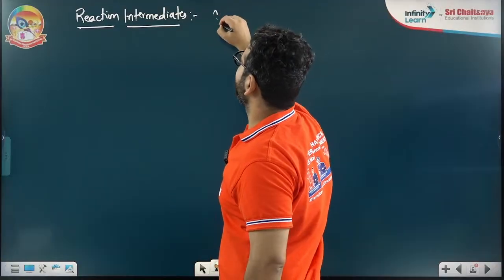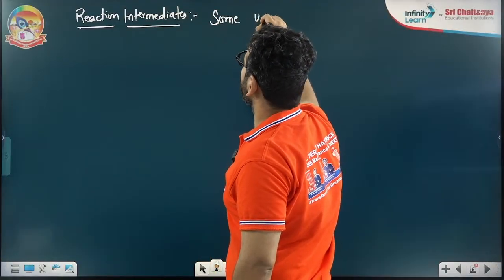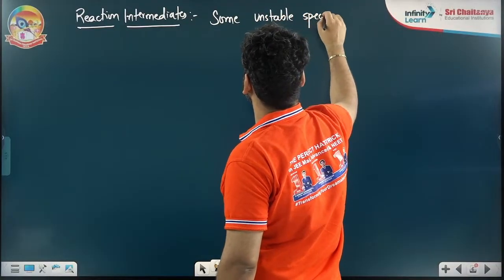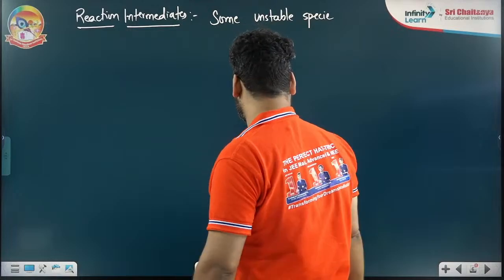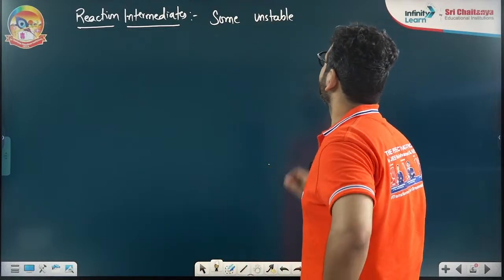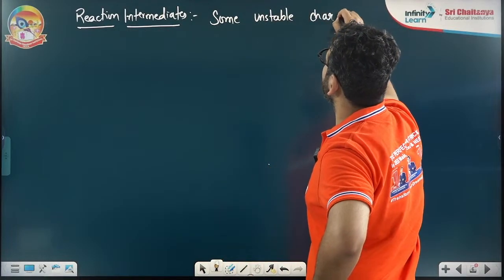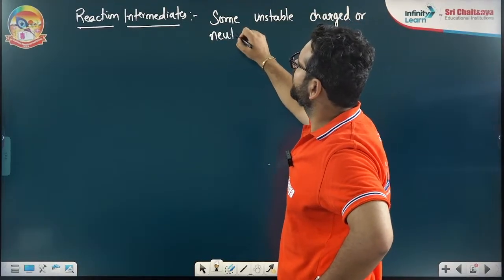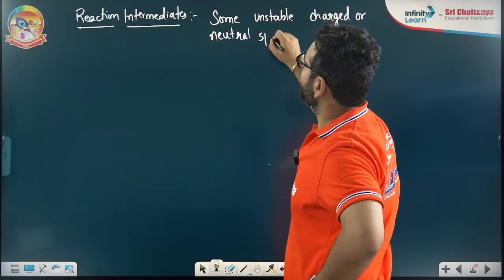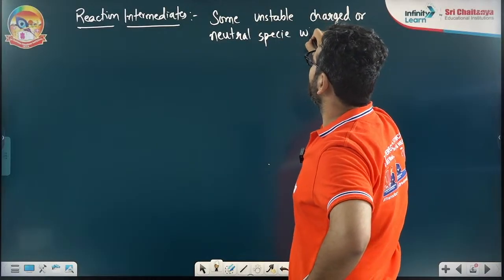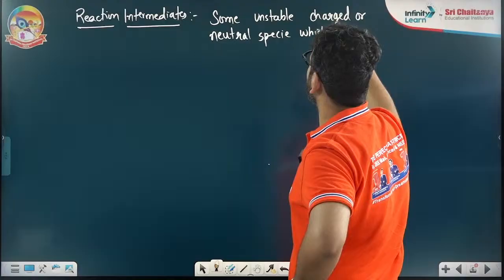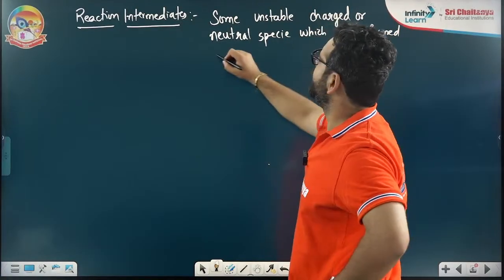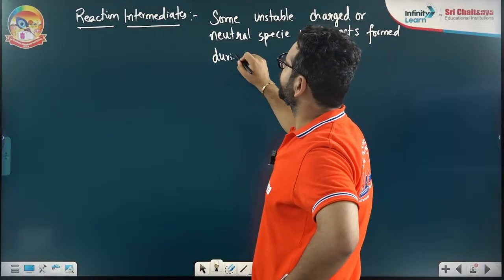These are unstable, charged or neutral species which get formed during the course of a reaction.